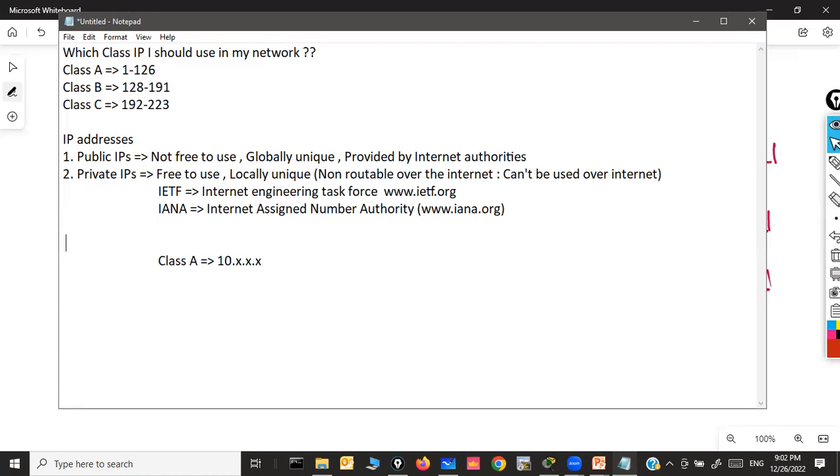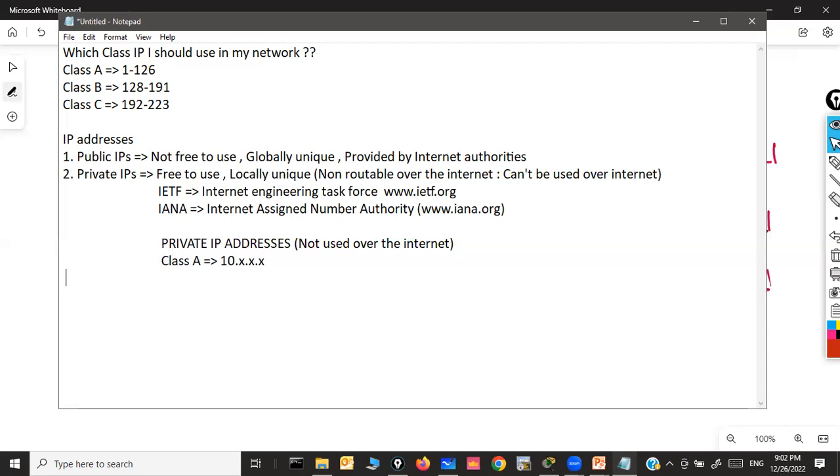A private IP address, right? Private IP range. Private IP addresses are not assigned to, not used over the internet, reserved for internal private network use, right?